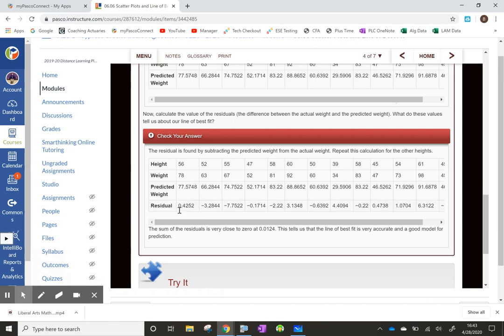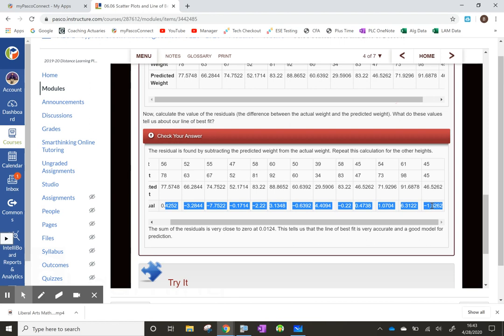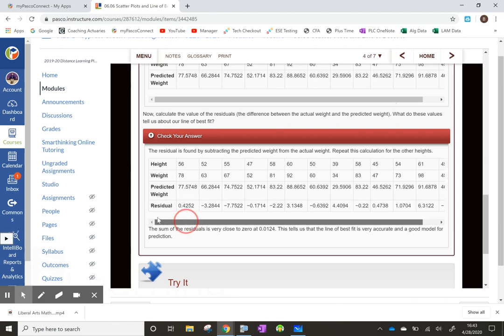Now, the idea is that when you add up all the residual numbers, you should have a number that's very, very close to 0. And in this case, they've already added them up. They've taken all these numbers and added them together, and because some are positive and some are negative, there's going to be some canceling out, right? And the idea is that it should be close to 0.